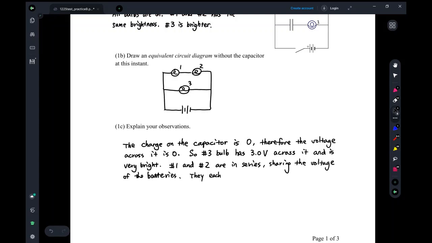They each have 1.5 volts, so they are lit, but not as bright.